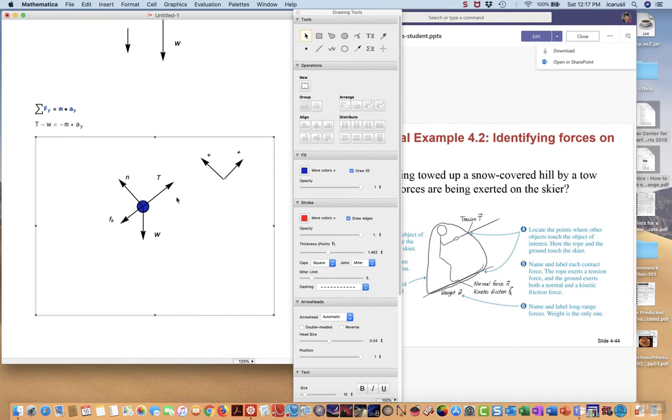Make a dashed arrow, I hope. And I'm going to draw a vector down. That is going to be the component of the weight perpendicular to the plane.